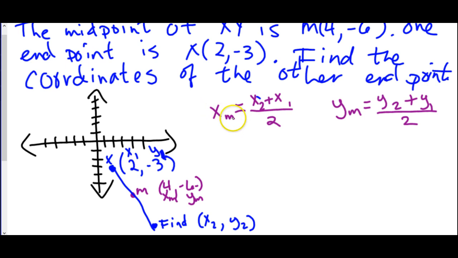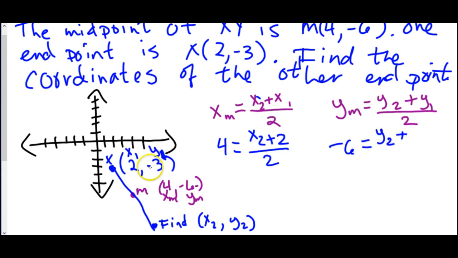We said x sub m is the x-coordinate of the midpoint, so 4. x sub 2 we're looking for, so I'm going to leave it as x sub 2. x sub 1 is 2. Do the same thing with y sub m. We know y sub m is negative 6. y sub 2 we're looking for, so we leave it. And y sub 1 is negative 3, divided by 2.